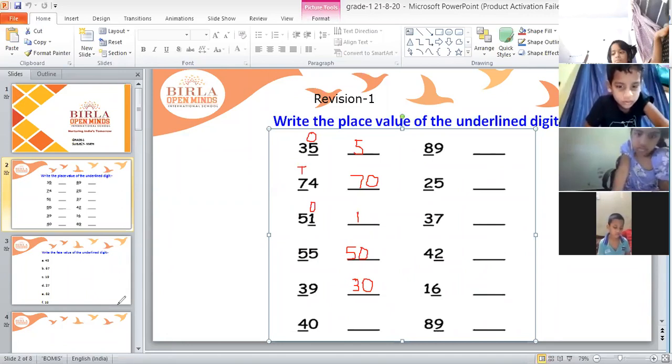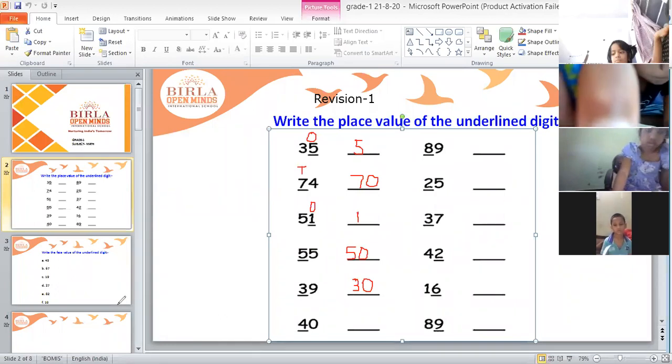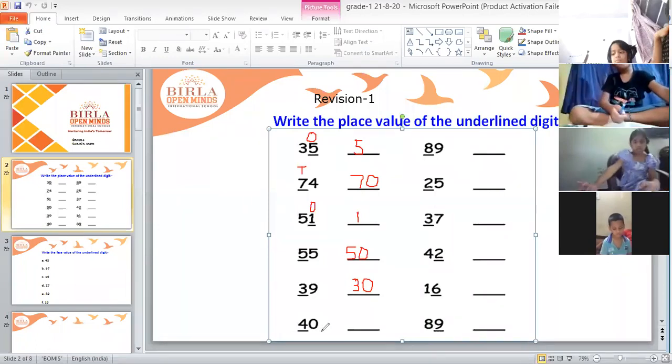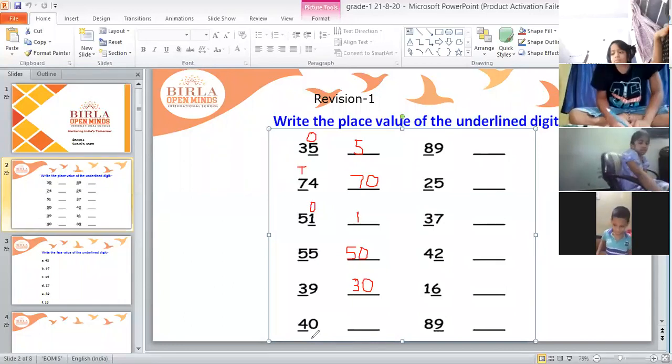Veda, that's the wrong answer. Tell me what is the answer? 5. What is the next number? Will you please tell me what the question actually is? Ansil, I'm talking to you. Tell me what is the question? We are talking about which number?